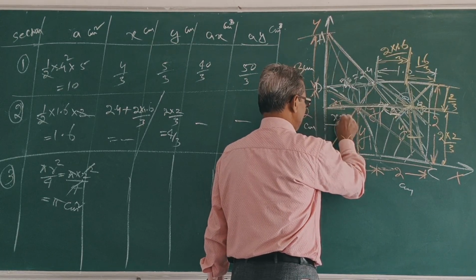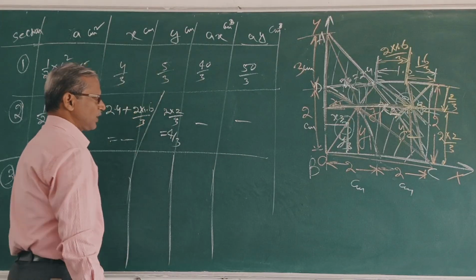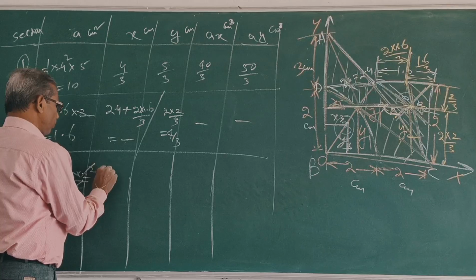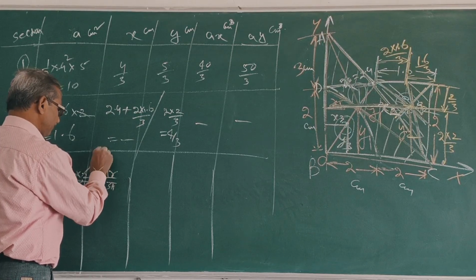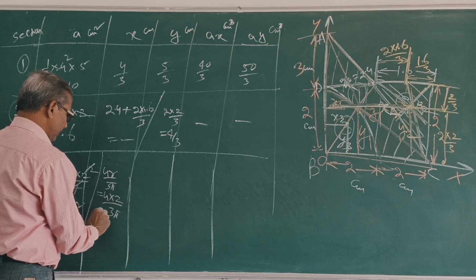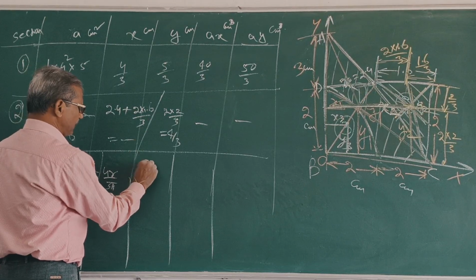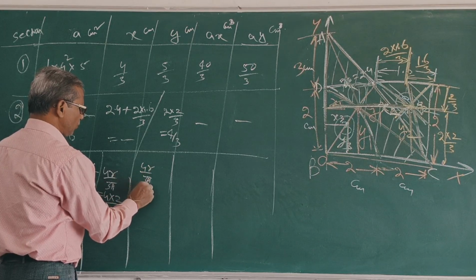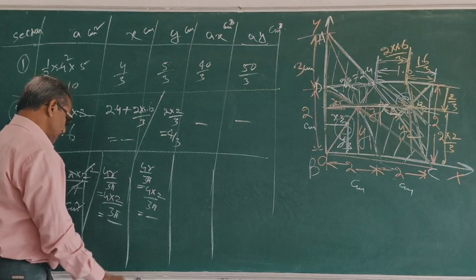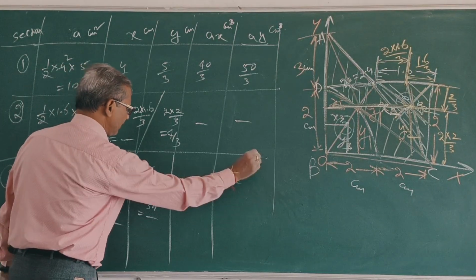This is X3, this is Y3. What is X3? 4r by 3 pi. So 4 into 2 by 3 pi. Find the answer. Y3, 4r by 3 pi, 4 into 2 by 3 pi. Find answer. Put x, ay. Clear?